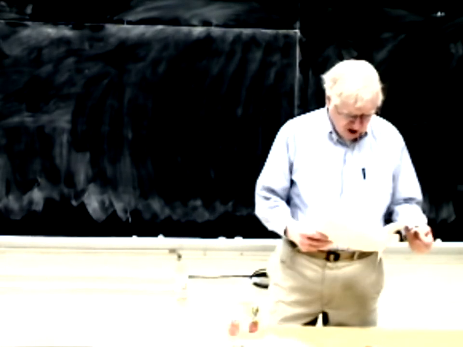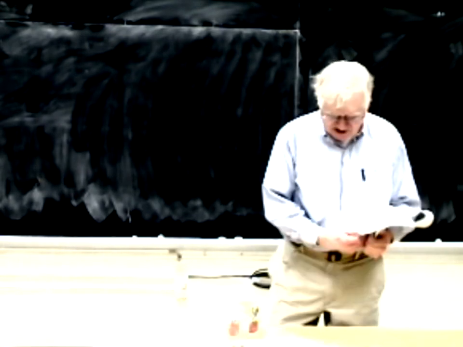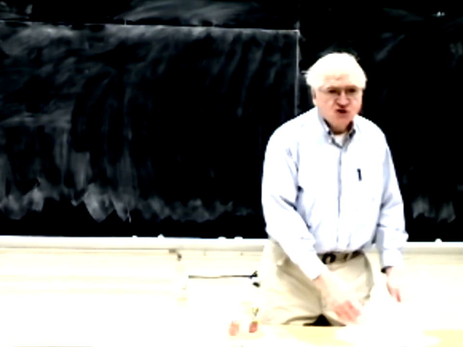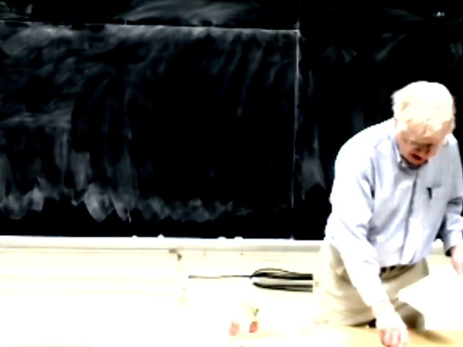So let's see, we've been talking about Fourier transforms. One thing that I forgot to mention was what happens if you integrate a Fourier transform. So let me just point that out. By the way, thanks for erasing the board. So let me just move it here.